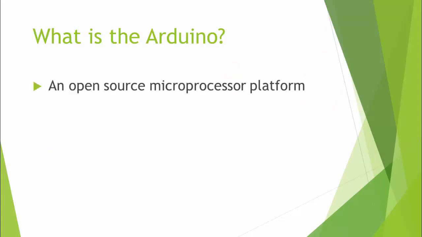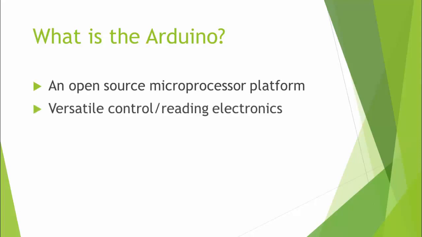So what's an Arduino? It's an open source microprocessor platform. Open source meaning that it is open to anybody to make modifications to it. It has great versatility in terms of controlling and reading electronic inputs and outputs.